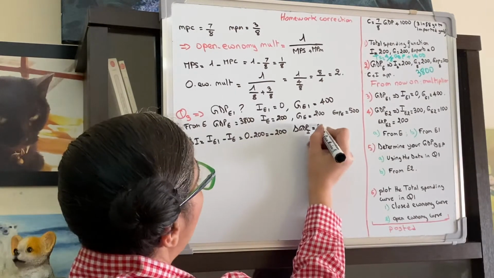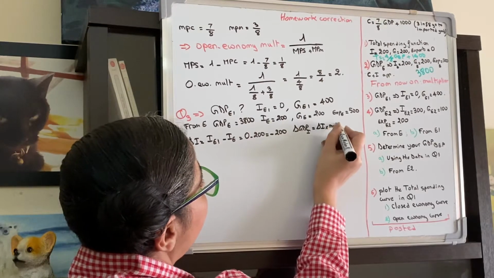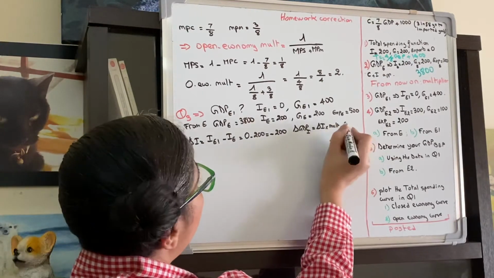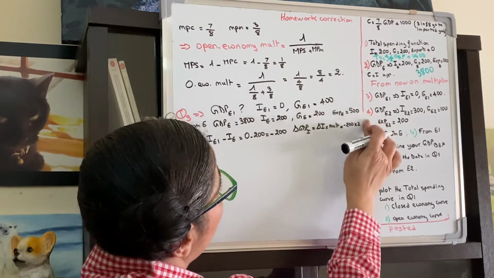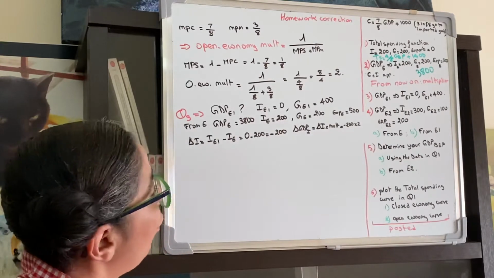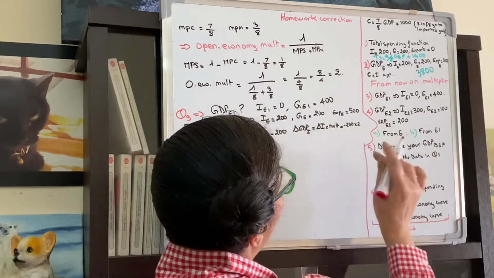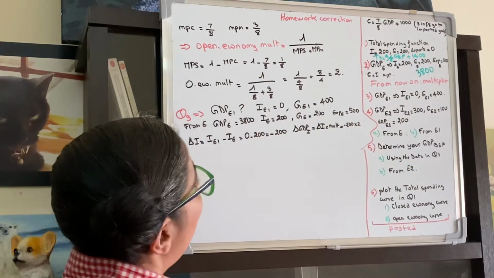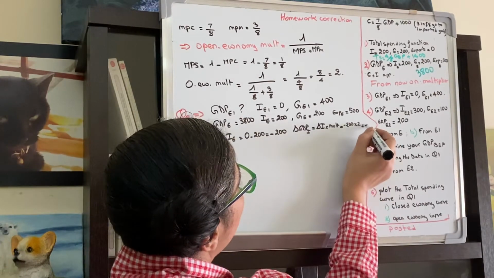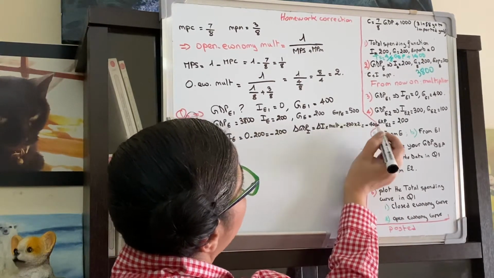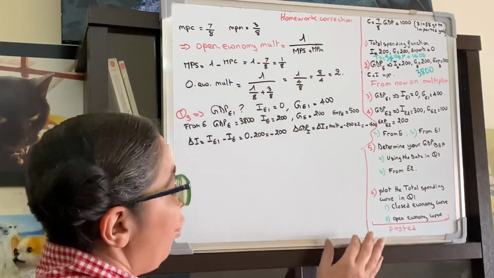Due to I is equal to delta I times the open economy multiplier, which is equal to negative 200 times 2, which is equal to negative 400. Agreed?